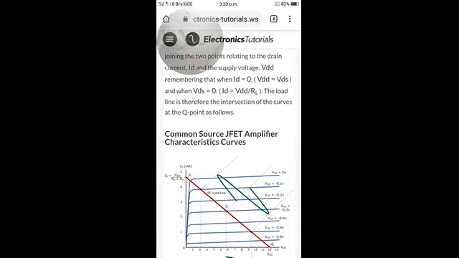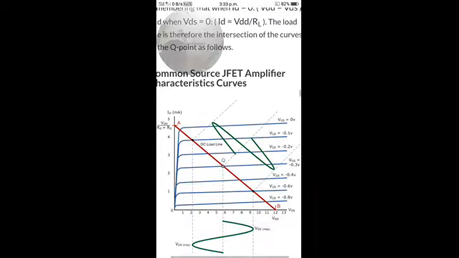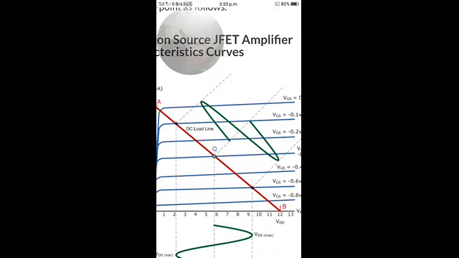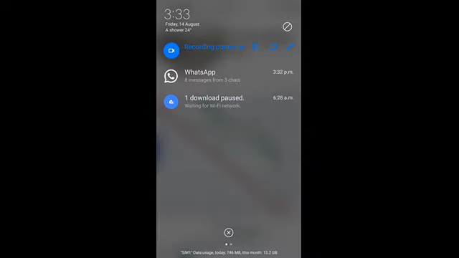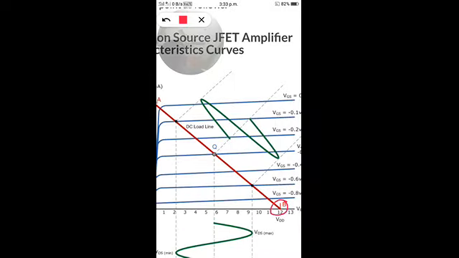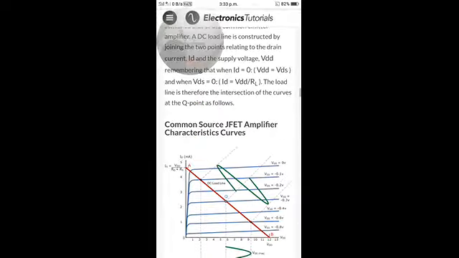On the VDS axis we have the point VDD, shown by the letter B in the graph. This is VDD when ID is 0.